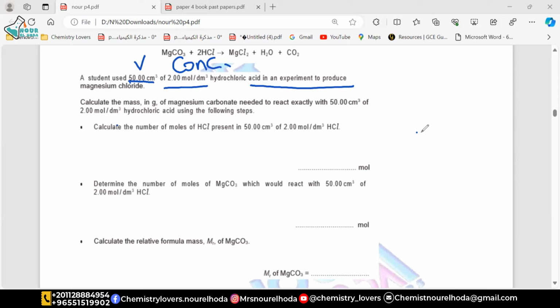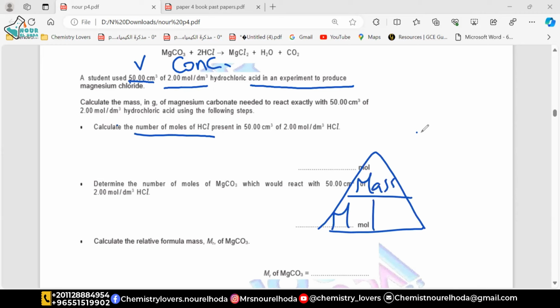Let's do it step by step. I want the moles of hydrochloric acid. How many mole rules do we have? We said we have three main ones. The first is mass, mole and Mr. We use this when I'm having mass, anything related to mass.